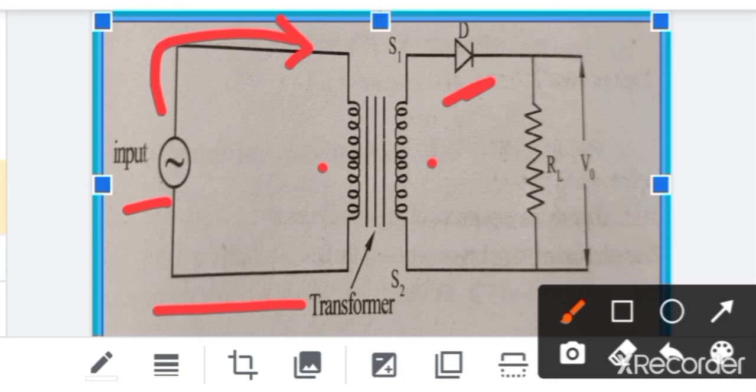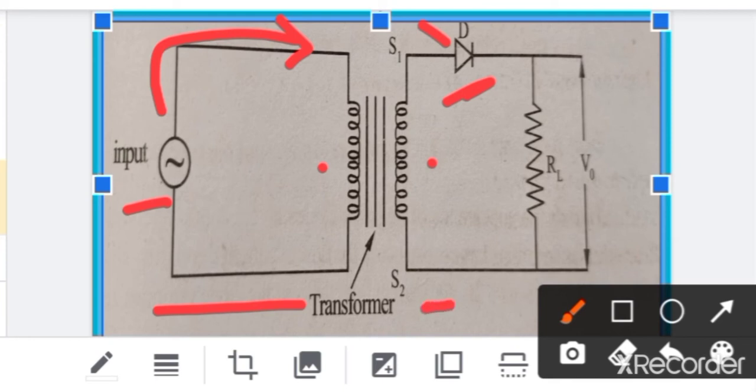So, here the input AC is connected to the primary coil of the transformer, and then the secondary coil is connected to the diode P type. Here you can clearly see the diode P type, and then the second terminal S2 of the secondary coil is connected to the load resistance.